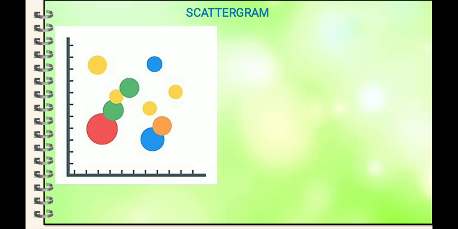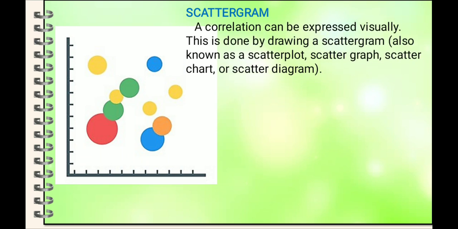What is a scattergram? A correlation can be expressed visually. This is done by drawing a scattergram, also known as a scatter plot, scatter graph, scatter chart, or scatter diagram.